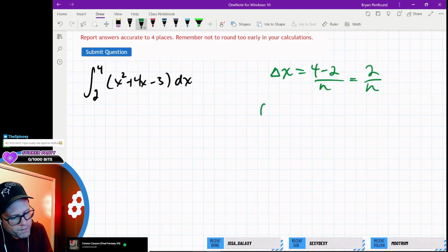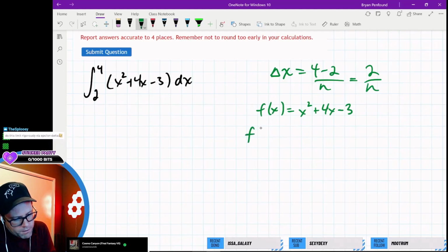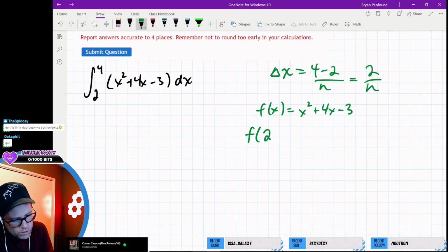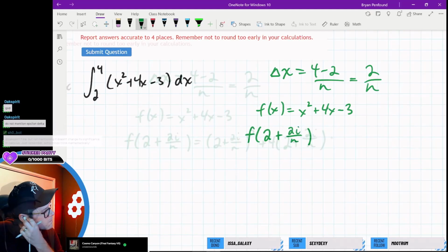And we know that our f of x is equal to x squared plus 4x minus 3. So f at, oh gosh, we have to start at 2, right? We have to go 2 plus i delta x. Is that how this works?